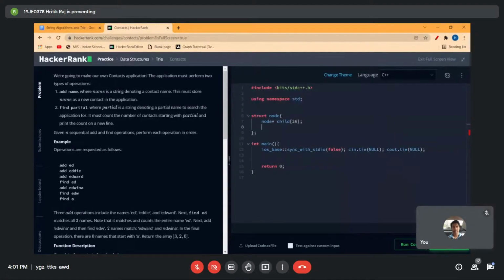Okay. Now, node star. Do you know what is node star? This pointer thing. Have you read about pointers? Yes, sir. Self-referential pointer. Yeah. So node pointer. A pointer is basically the address of some data. You can read about pointers later on, but for now you only need to know that it is just pointing to some other data.